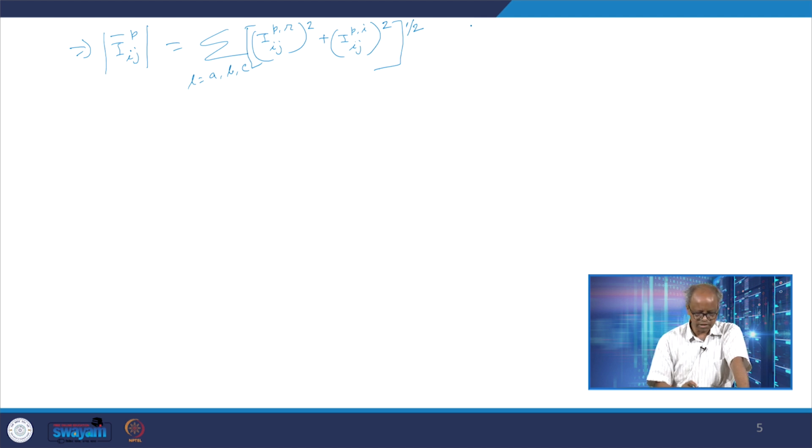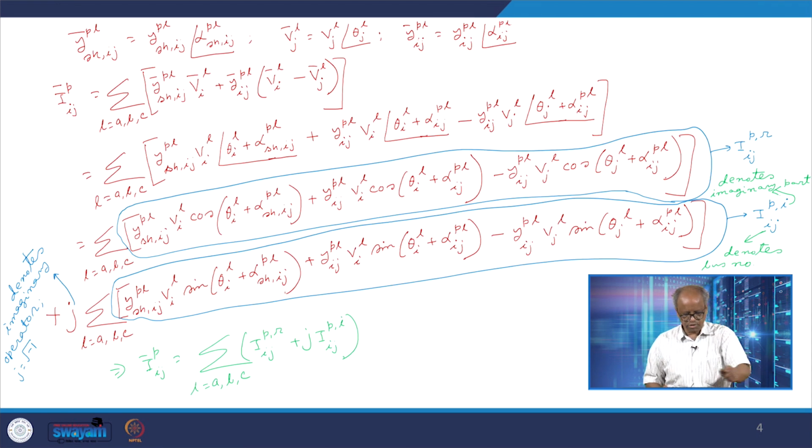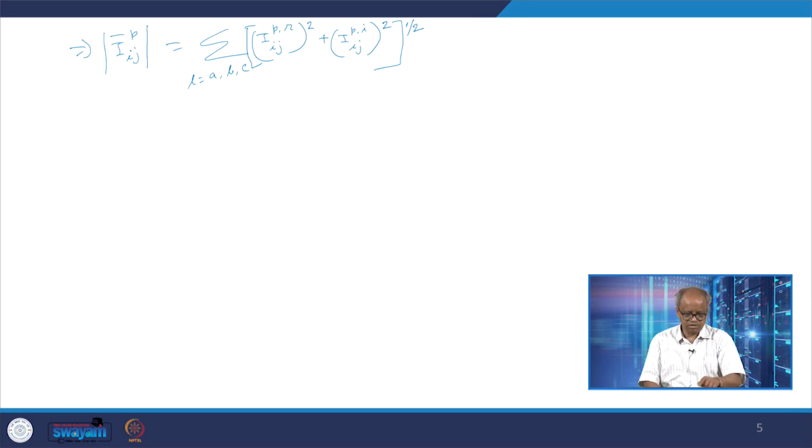Now because Iijp R, you see, my unknown quantities in the case of state estimation are VIL and theta IL, VJL and theta JL. So when we do this computation, I am just leaving these expressions.